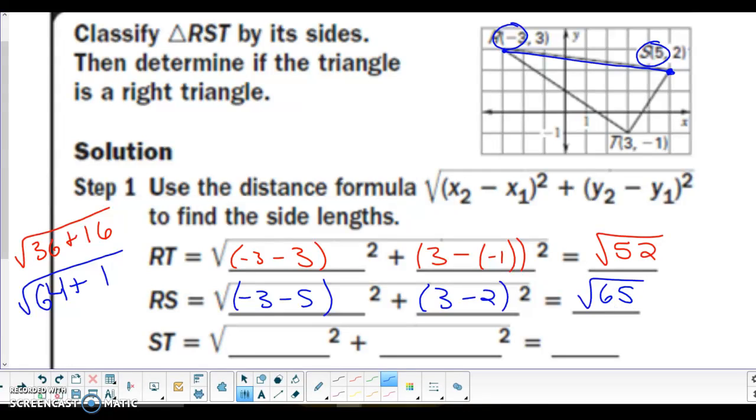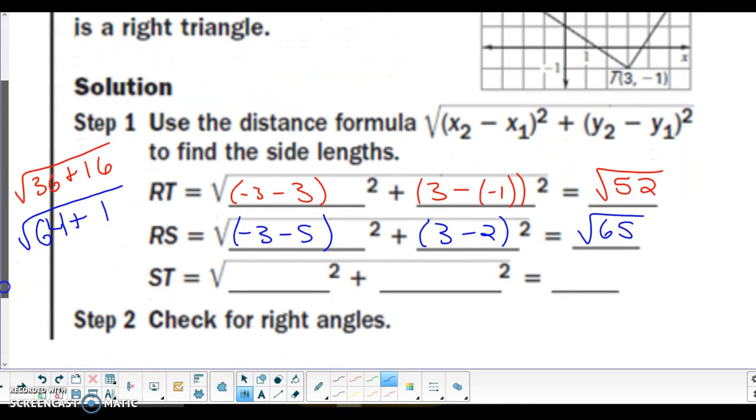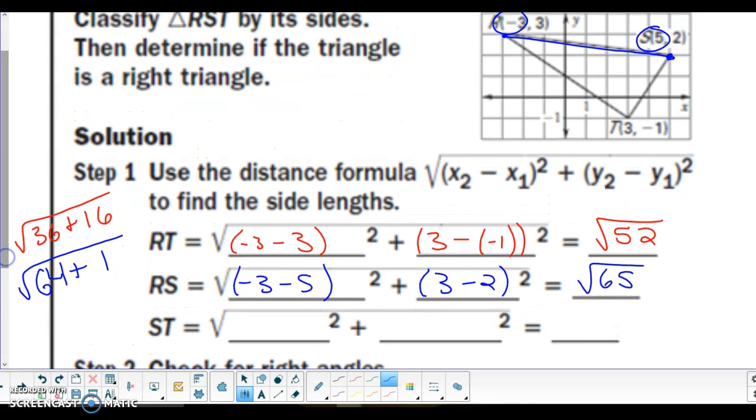So once again, we don't need to simplify that. We don't need to do a factor tree because all I care is if it's the same or if it's different. And then the last one, ST, is from here to here. So x minus x would be 5 minus 3.